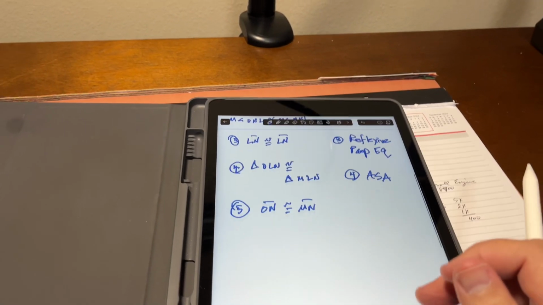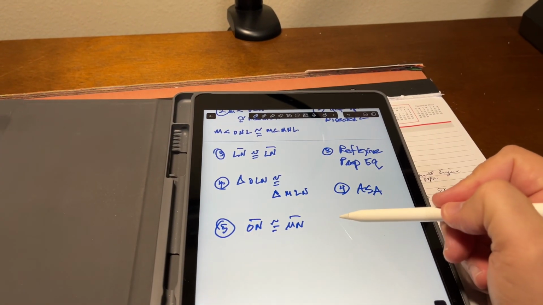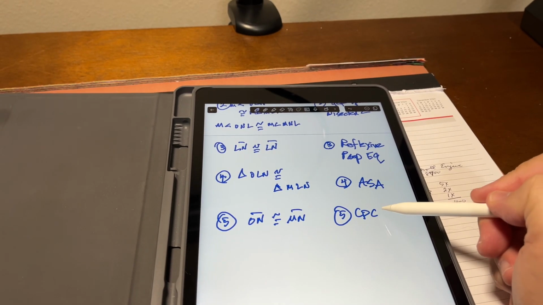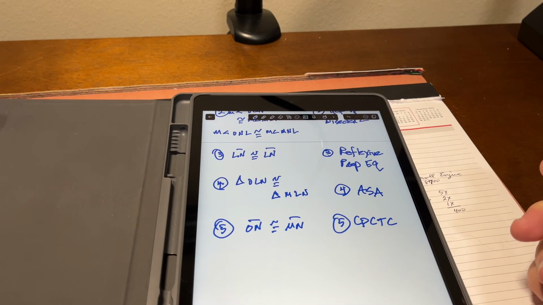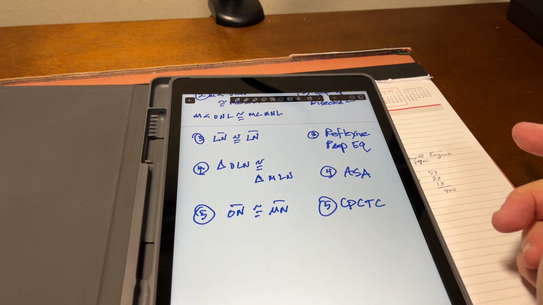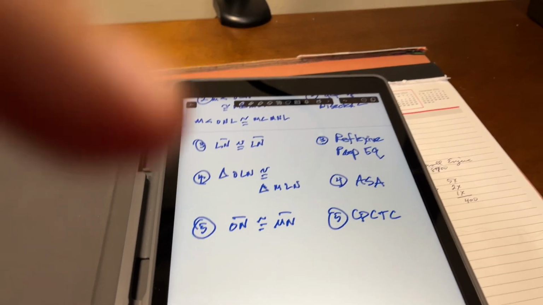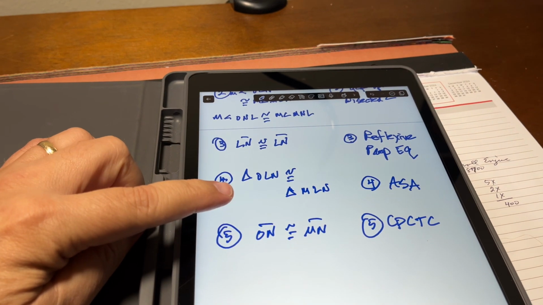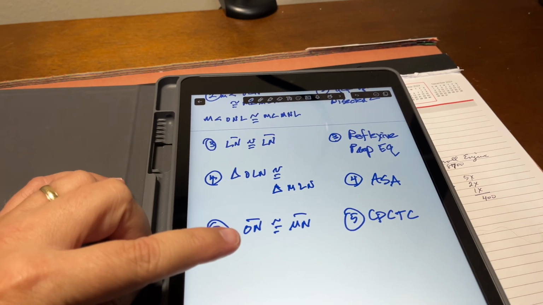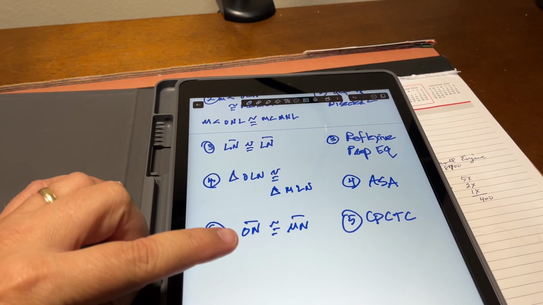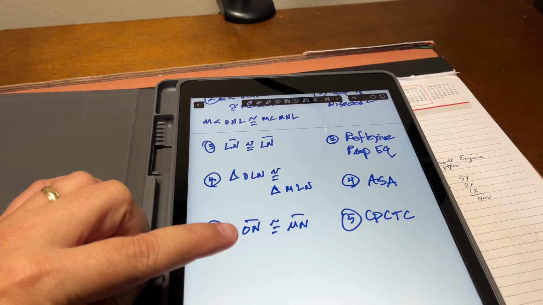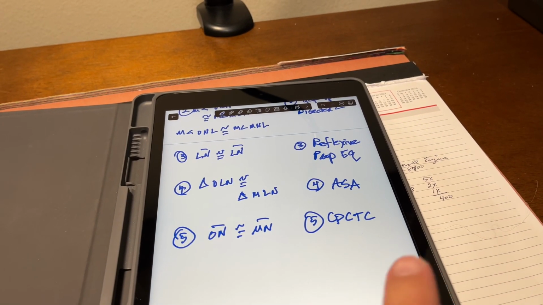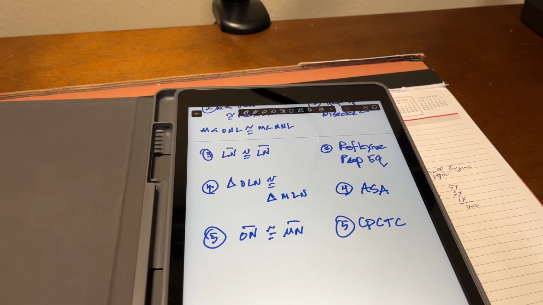And that is by corresponding parts of congruent triangles are congruent. So that's what I was trying to prove, and this is the reason. So once I have proven that the two triangles are congruent, that means all of their little individual parts, so the corresponding sides are congruent, the other corresponding angles are congruent as well. Corresponding parts of congruent triangles are congruent.